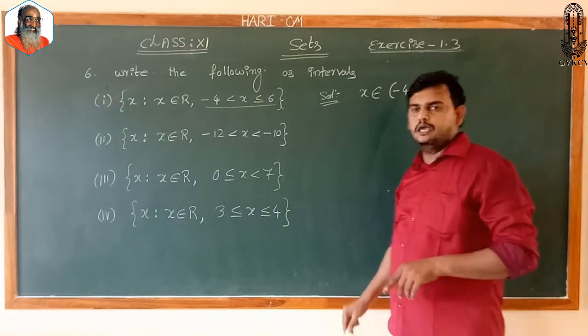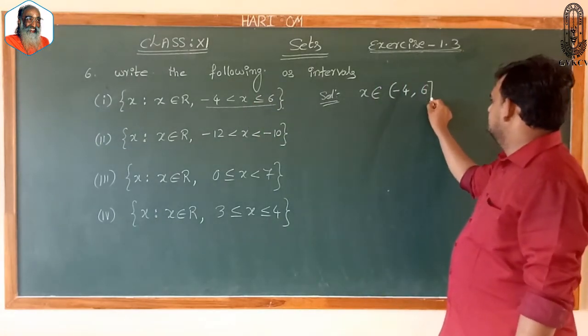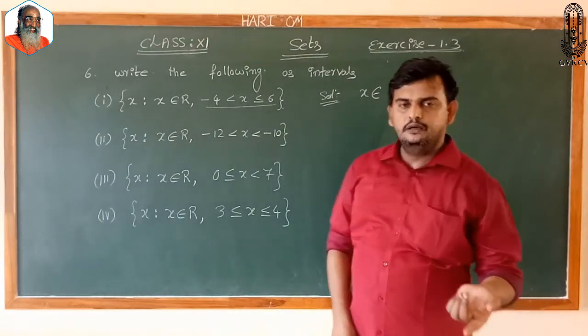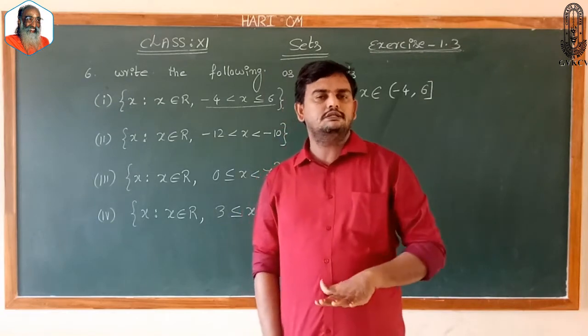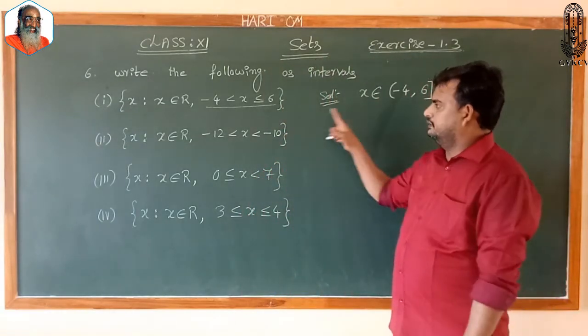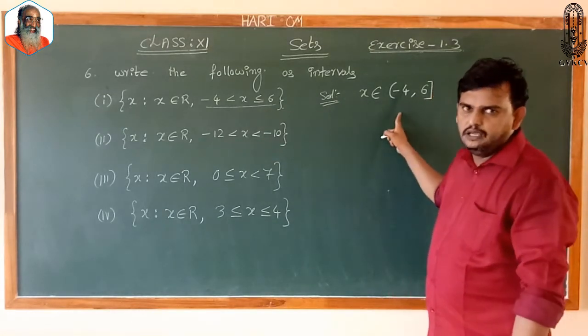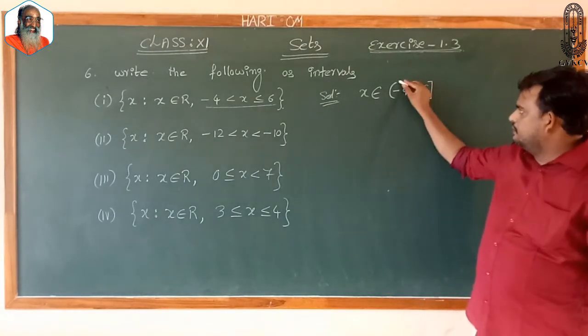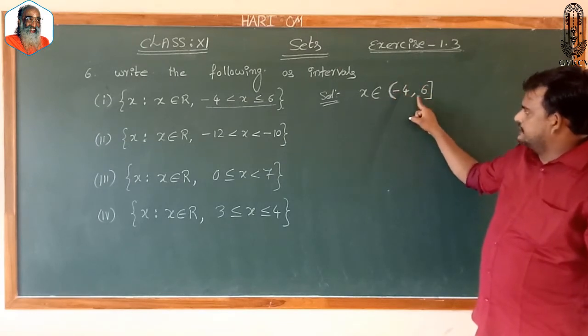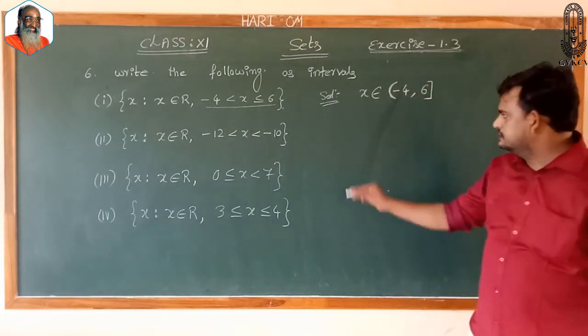Less than or equal means closed bracket. Less than means open bracket. Less than or equal to means square bracket. That's all. So, very simple. This entire statement we have converted into an interval. X belongs to the interval minus 4 comma 6.